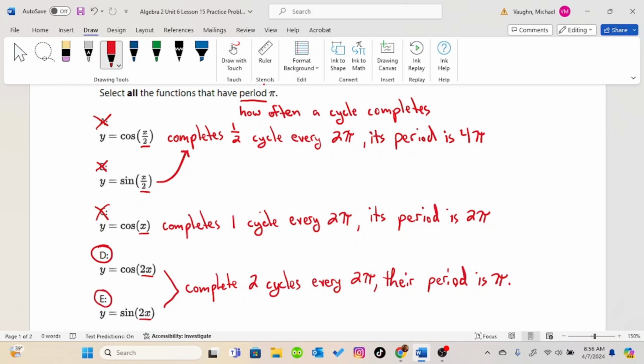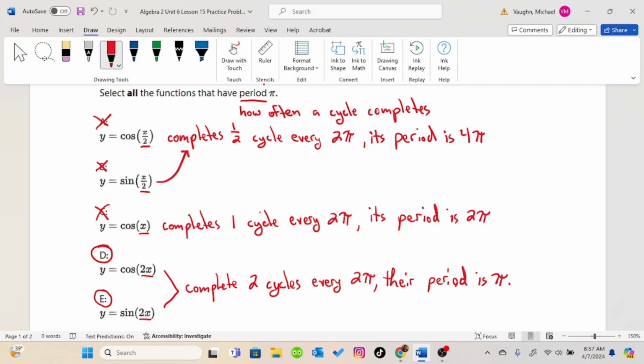Remember, the number you multiply by x tells you how many cycles it completes every 2 pi. So if I multiply by 1/2, then I complete 1/2 of a cycle every 2 pi, and it's going to take 4 pi to complete 1 cycle.